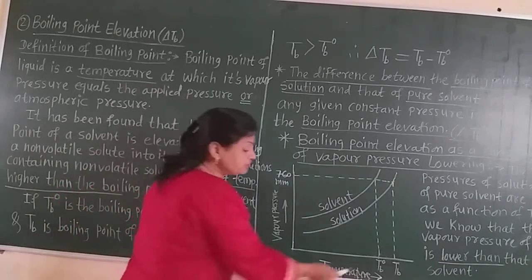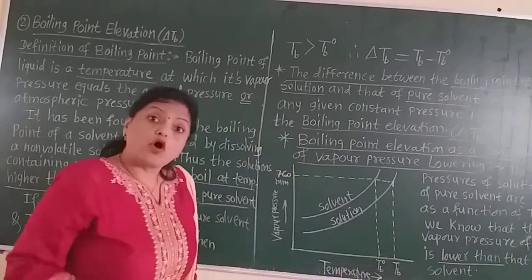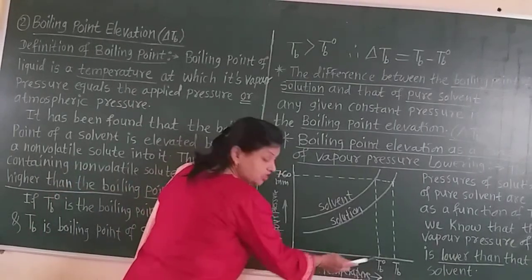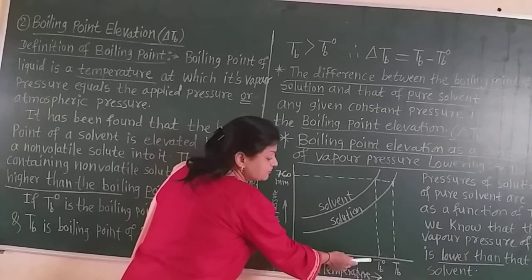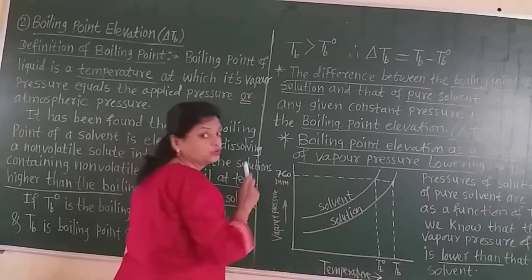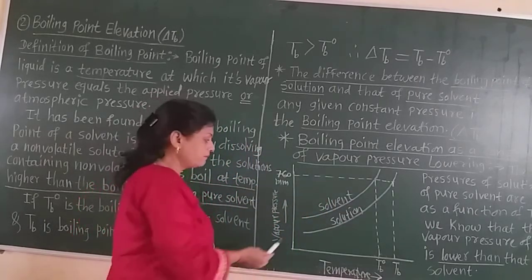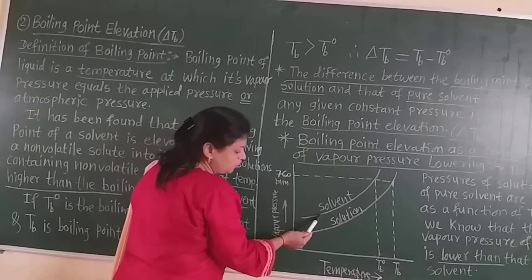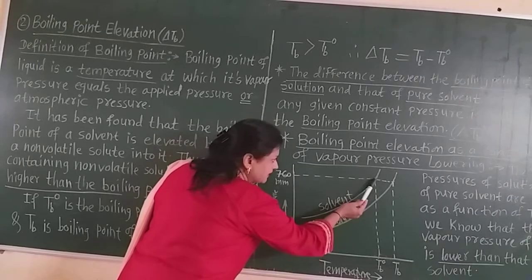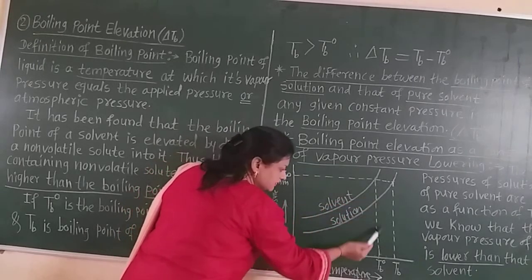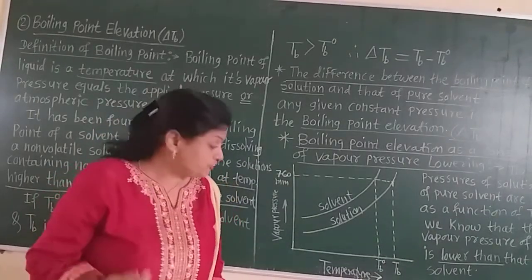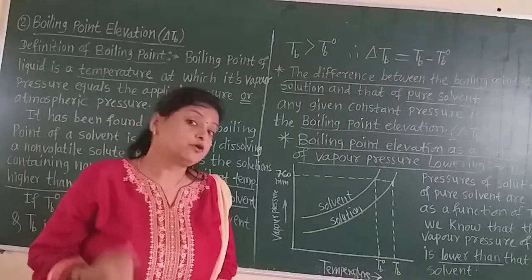So this T0B is the boiling point of the pure solvent, because at this temperature the vapor pressure of this solvent becomes equal to the atmospheric pressure. First the vapor pressure is lower and lower, but as it becomes equal to atmospheric pressure, the temperature is called the boiling point of that liquid. So T0B is the boiling point of the pure solvent.